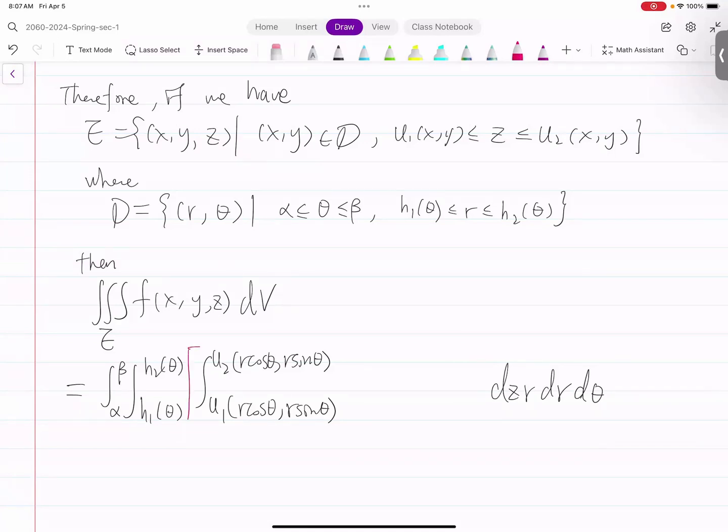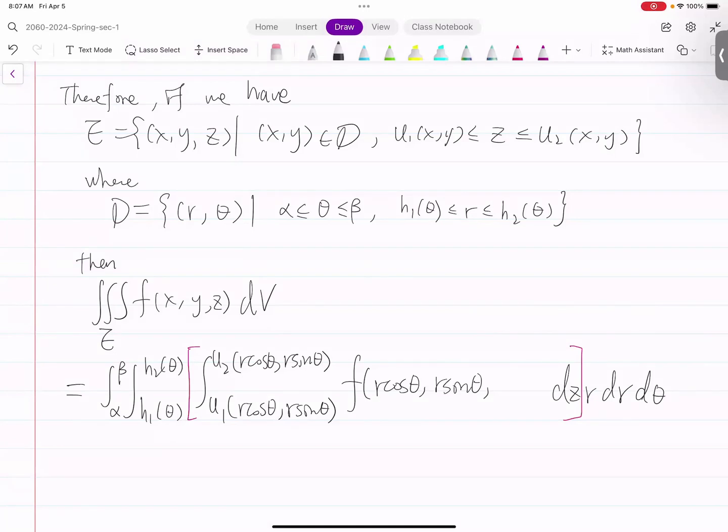You can think of this as a bracket just enclosing the z component at the most inner integral in terms of z. And when we write the function f of x, y, z that we are integrating, we still need to translate x and y. So this is going to be r cosine theta in place of x, r sine theta in place of y, and z we don't touch.